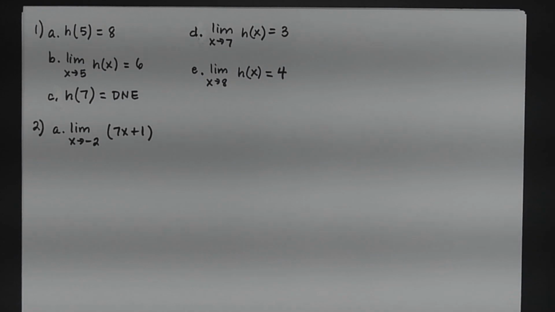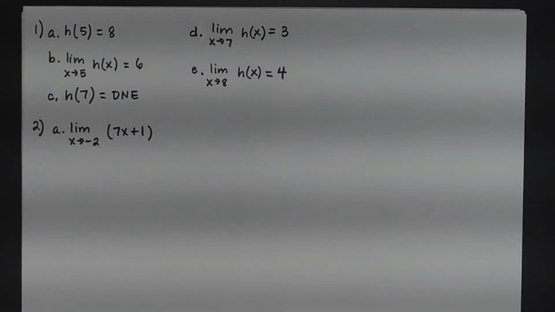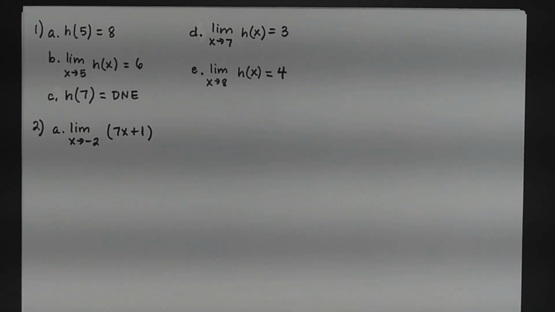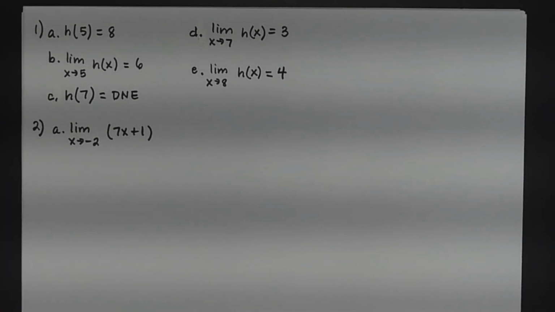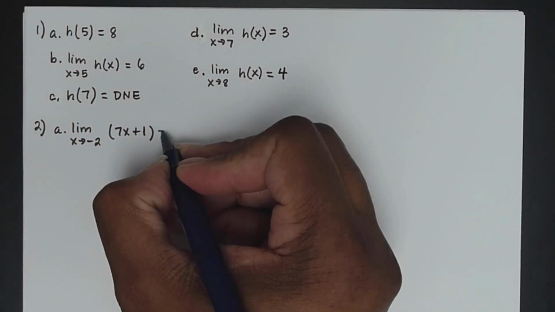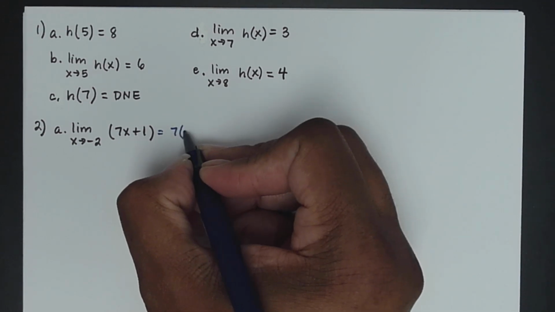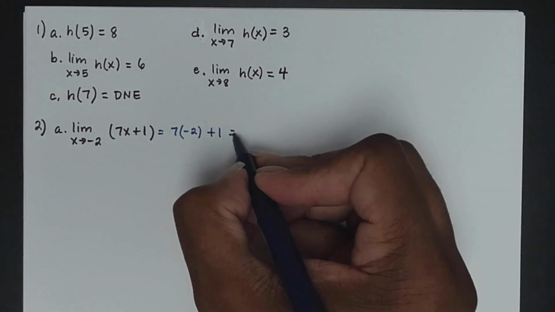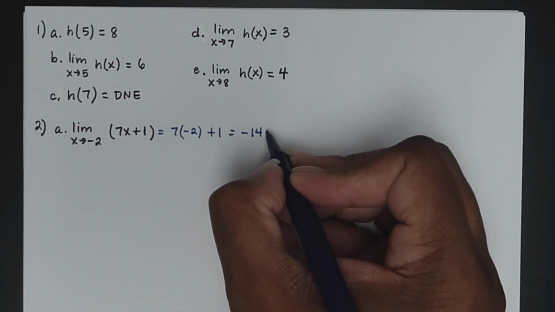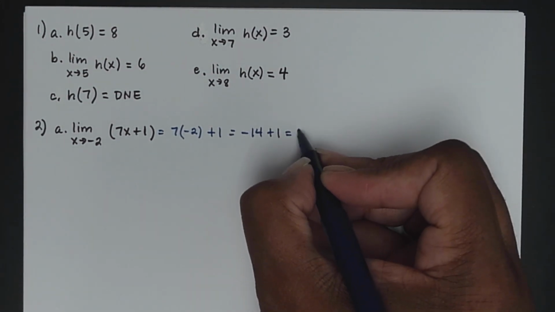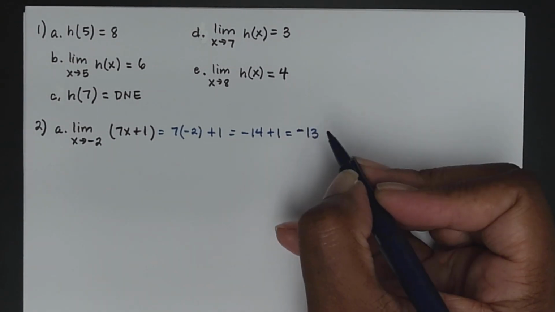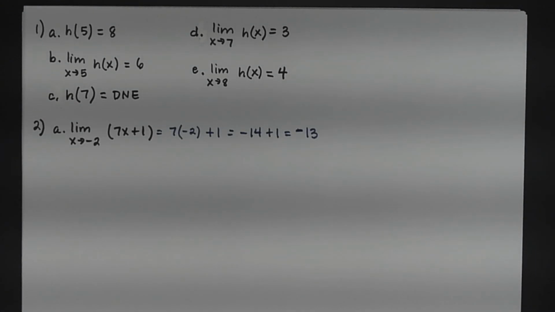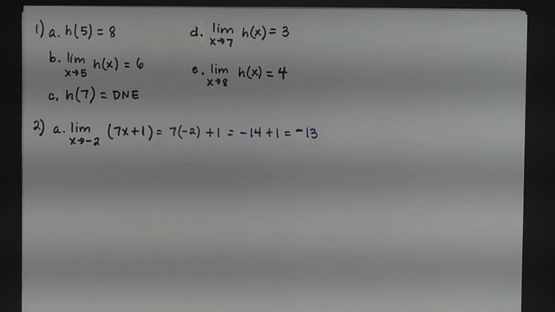Well, this is just a polynomial function, so we can apply direct substitution. We just replace that x with negative 2. So it'll be 7 times negative 2 plus 1. And 7 times negative 2 is negative 14. Negative 14 plus 1 would be negative 13. So the limit as x approaches negative 2 of 7x plus 1 will be negative 13.